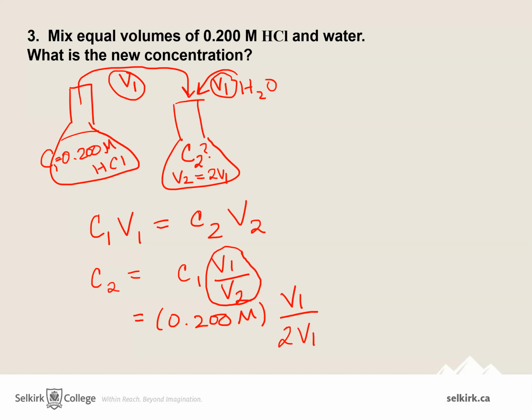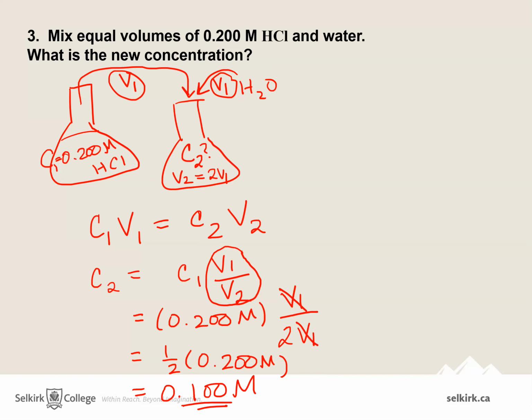I promised you to have faith and then a miracle would happen. V1 in the numerator cancels V1 in the denominator, and my new concentration is 1/2 of 0.200 molar. I don't even need a calculator, that's 0.100 molar. Ta-da! The new concentration is half the original concentration. Now you may not have done dilutions in biology yet, but you will see this.